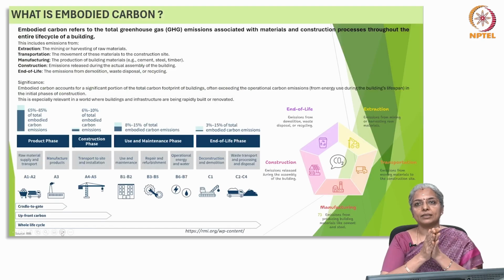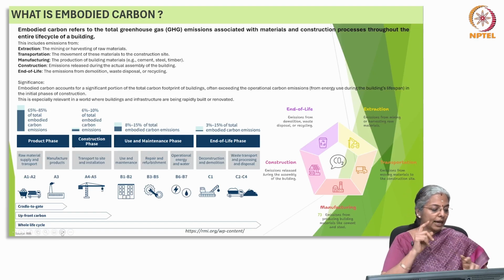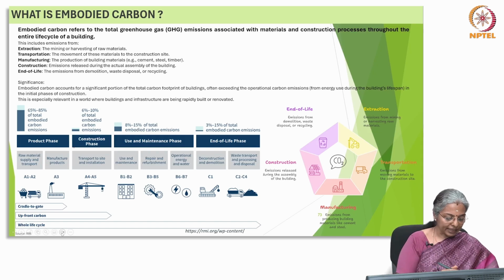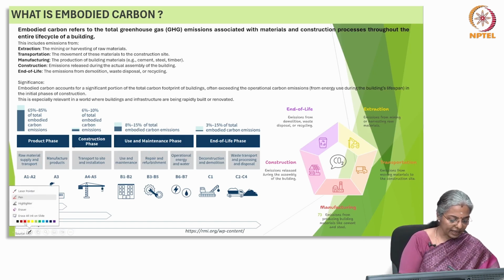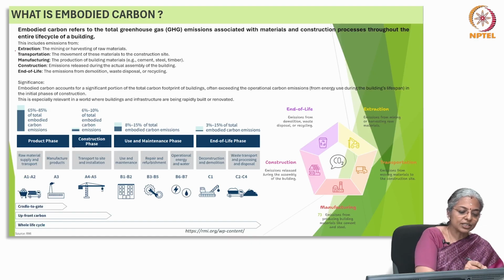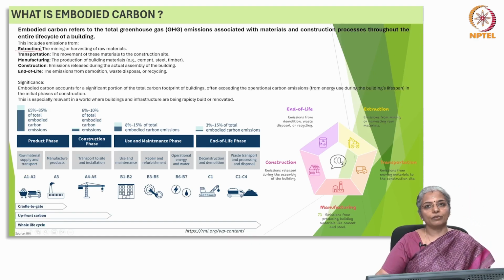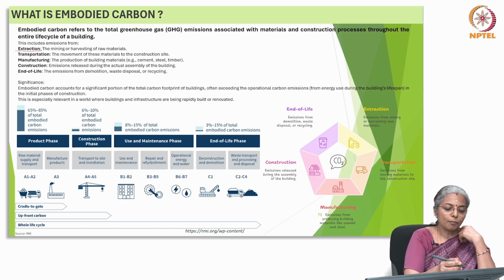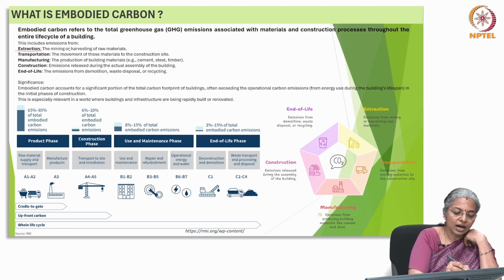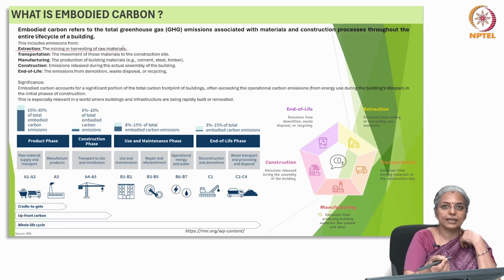Embodied carbon is the total greenhouse gas emissions associated with the building materials and the construction process throughout the entire life cycle of a building. It includes all the carbon emissions involved in extraction of the building material, such as mining or harvesting of the raw material.